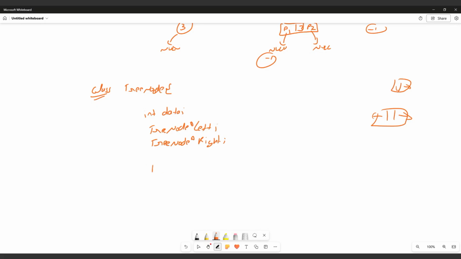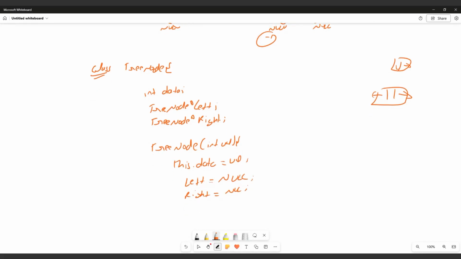And I'm creating one constructor. In this, we are getting certain data, and this dot data is equal to the data, and left is pointing to null, because for each node, when there is nothing, it is pointing to null, and right is pointing to null. So this is the class.